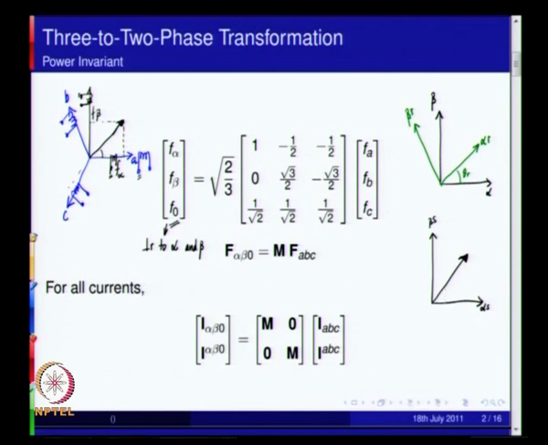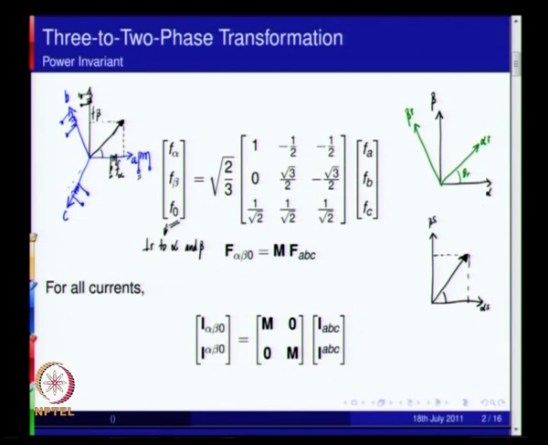We are talking about representing this vector or a phasor either in terms of alpha beta components or in terms of ABC components. It is only the set of axes that are different, but the MMF space phasor is the same.